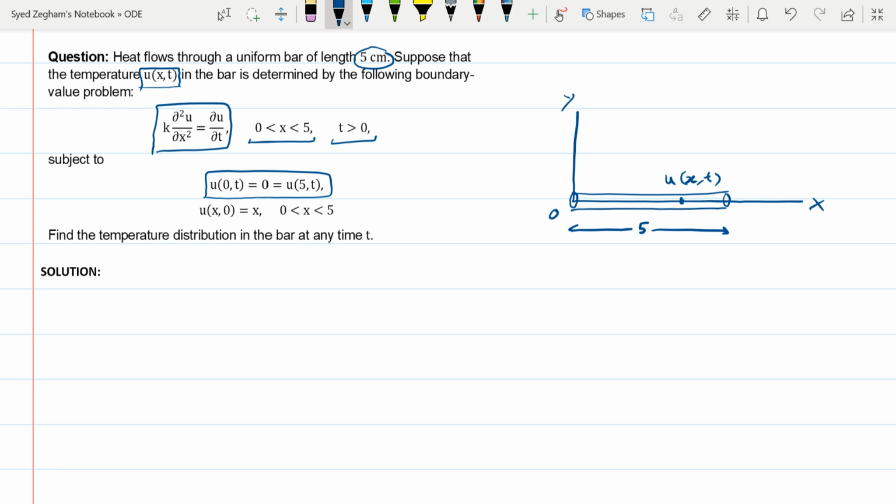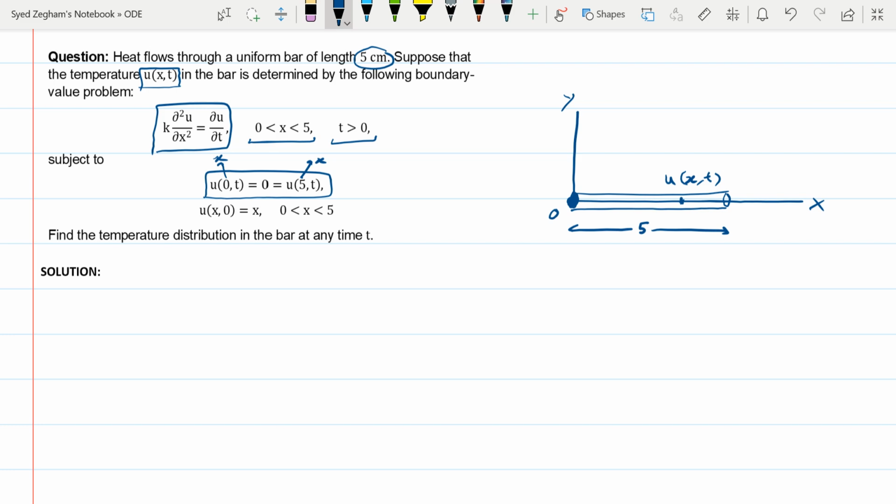u(0,t), 0,t means the x value is 0, right? It means u(0,t) is equal to 0. Which point are they talking about? They are talking about this end, right? And u(5,t) means x is equal to 5.